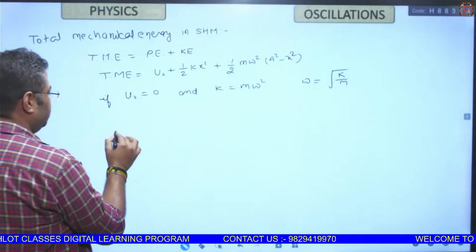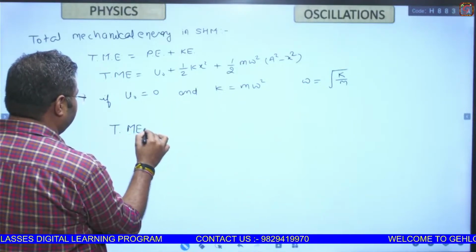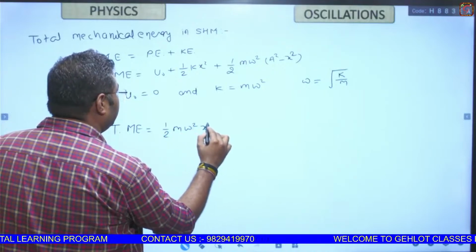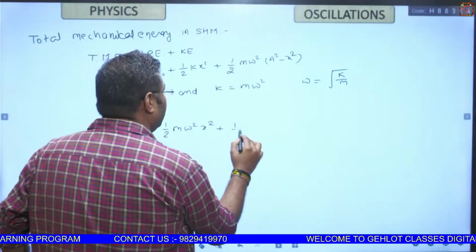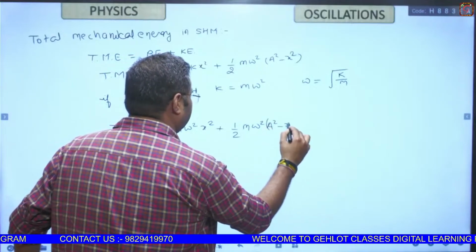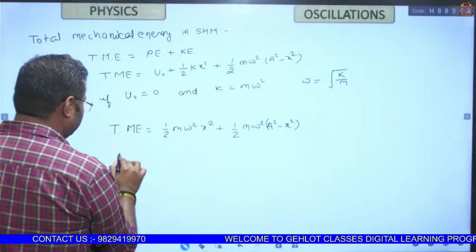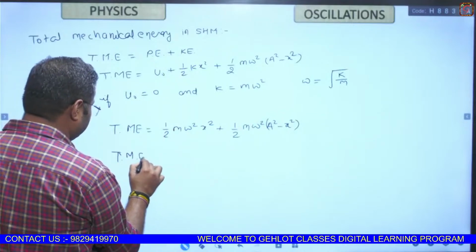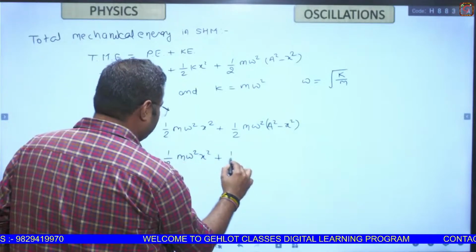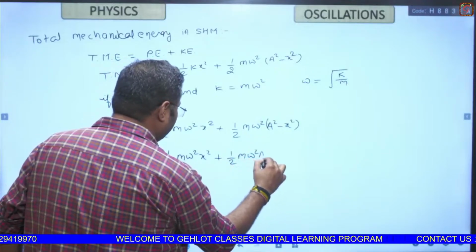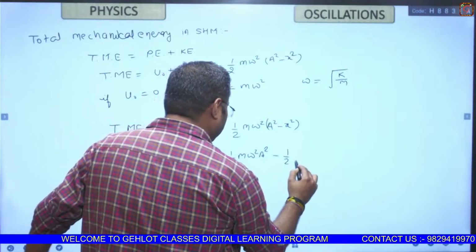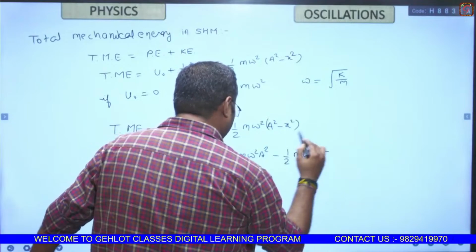Substituting the values, total mechanical energy becomes half m omega square x square plus half m omega square (a square minus x square). Multiplying inside, total mechanical energy equals half m omega square x square plus half m omega square a square minus half m omega square x square.